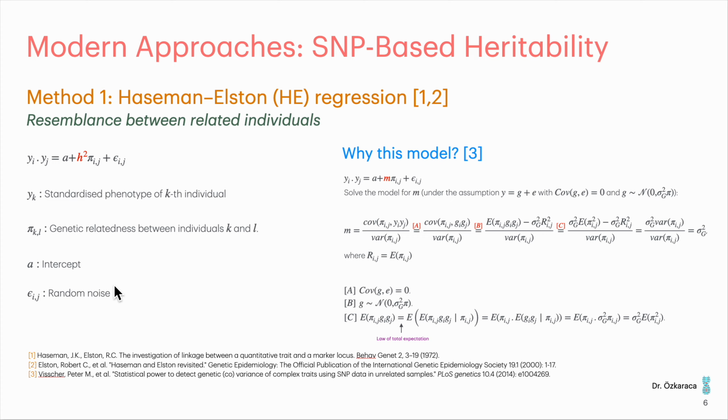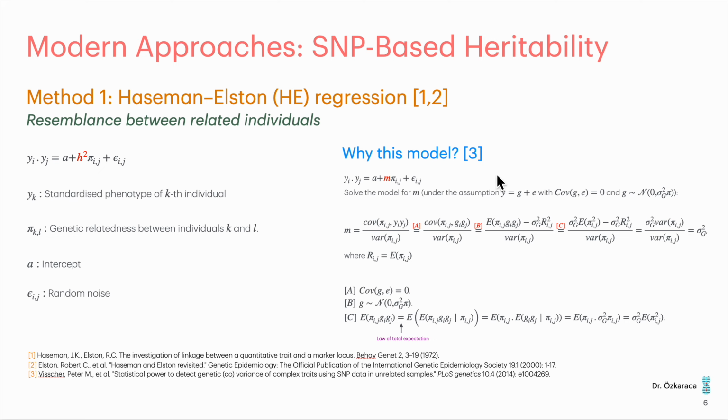But you might wonder why we have this model and why heritability is here. In order to address this question, if you replace the heritability here with an m, which is the slope, and solve the model for m under some assumptions, then you would find that the slope is nothing but the heritability of the trait.